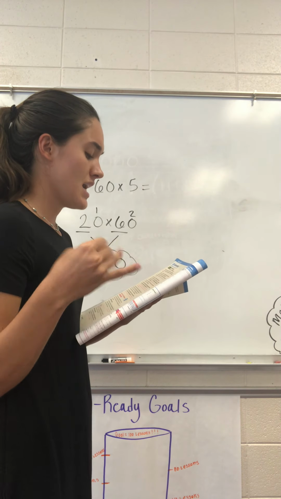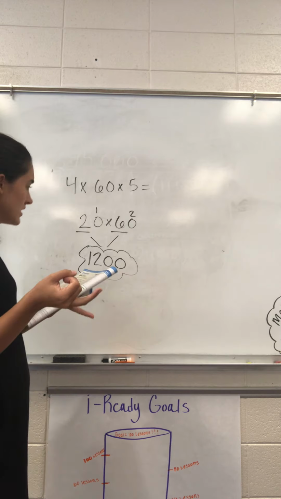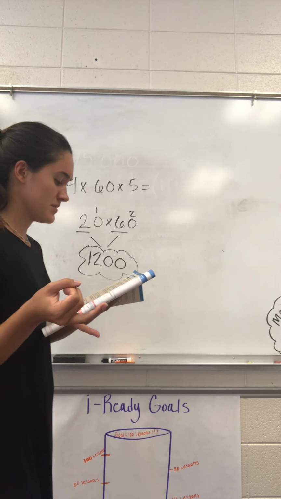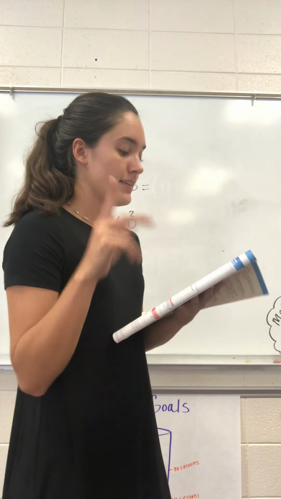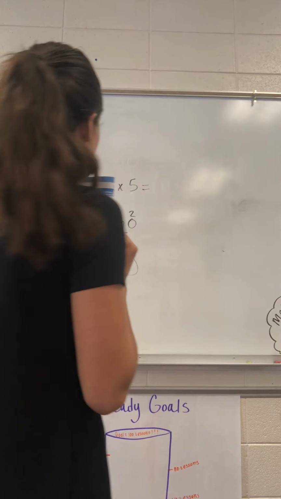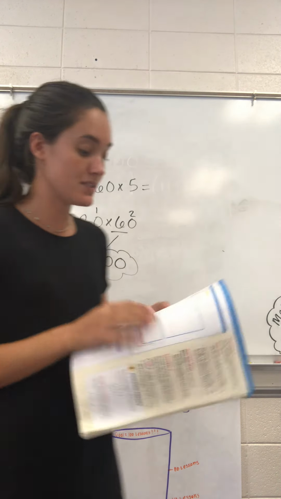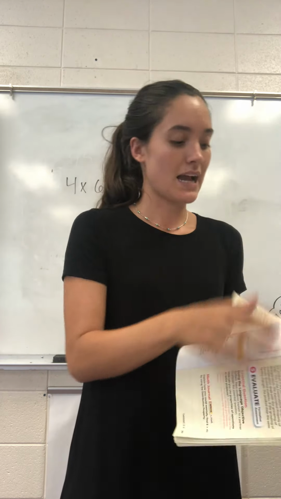I don't see any ones, so it can't be the identity property. I think it's the commutative property because it says if the order of factors change, the product always stays the same. So I rearranged the order a little bit to help me solve that problem more easily.